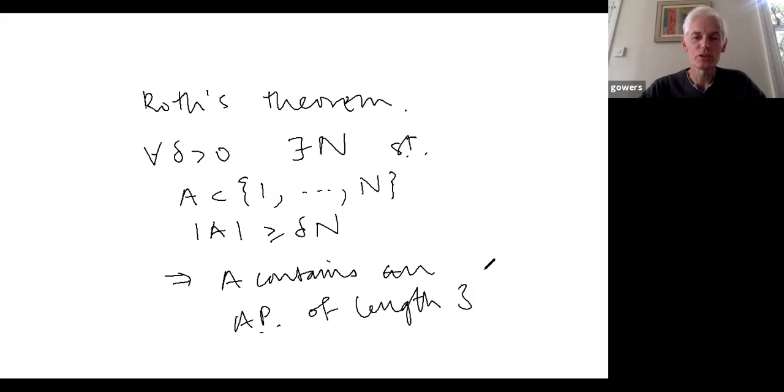This has been in the news recently, because we also care about how large n needs to be in terms of delta. And very recently, that bound was improved in an important way.